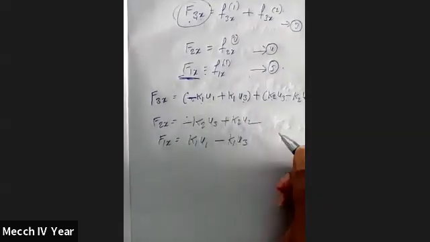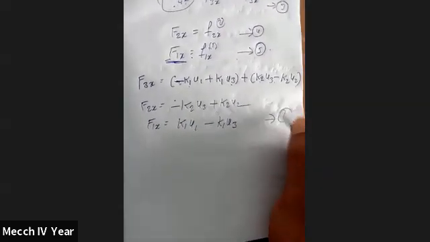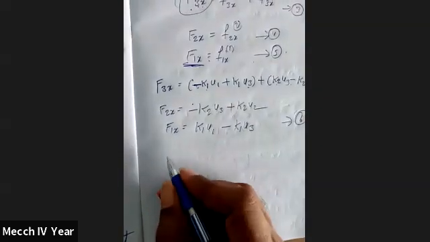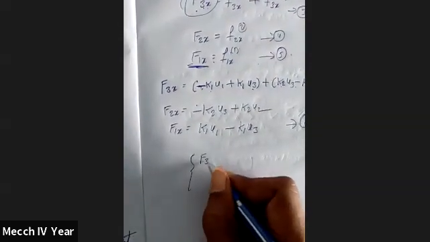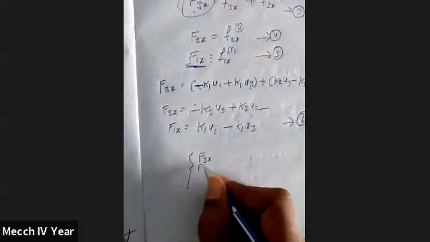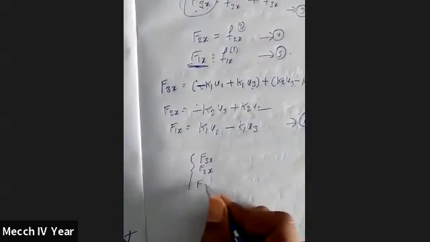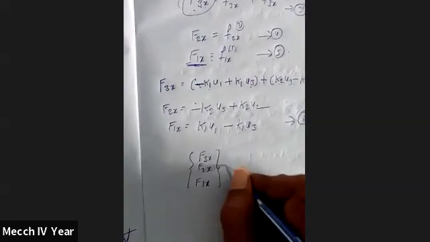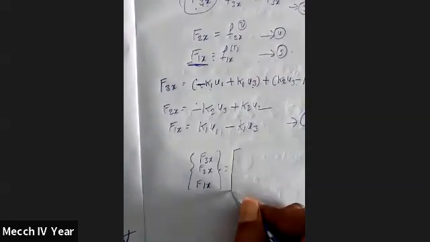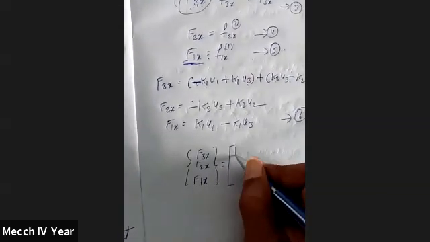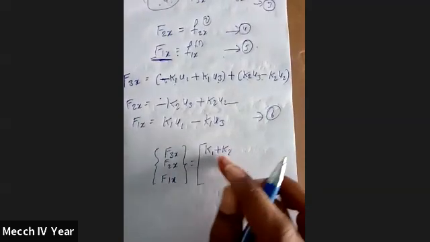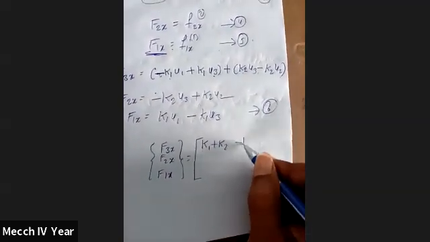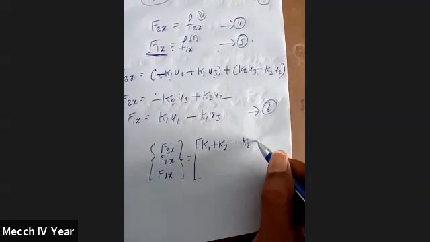So in this equation, equation number 6, we form the matrix form. In matrix form, we write F3x, F2x, F1x equal to: the first row is K1 plus K2, the two springs' stiffness, minus K2, minus K1.